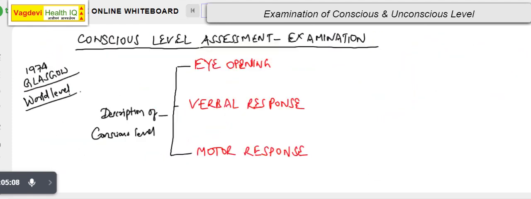So where we started, once again we can have a look. We started with a consciousness level assessment examination, in 1974 in Glasgow. It was discovered and brought into practice, and this is one of the world's best systems across the globe. It works. It doesn't use any vague terms like semi-coma or deep coma.